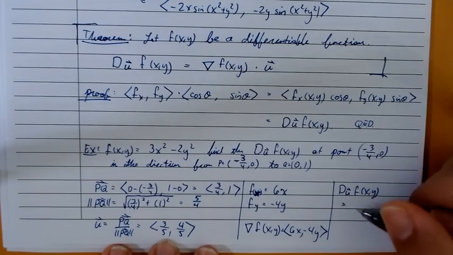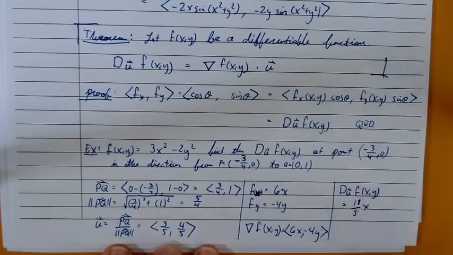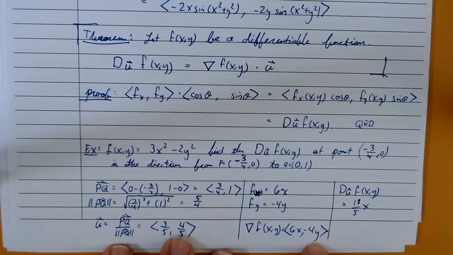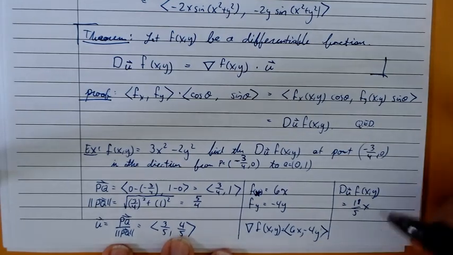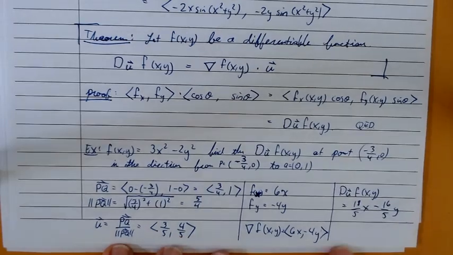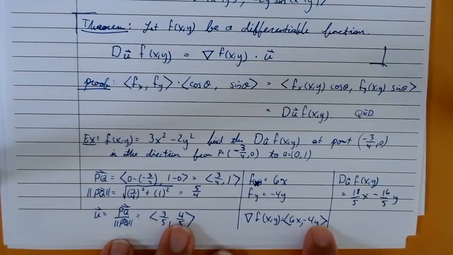That'll be 18/5 x. And then you're going to take the product of these two. That'll be negative 4y times 4/5. That's negative 16/5 y. Notice that's not a vector anymore. That's a scalar. You've taken a dot product, the product of those, plus the product of those.